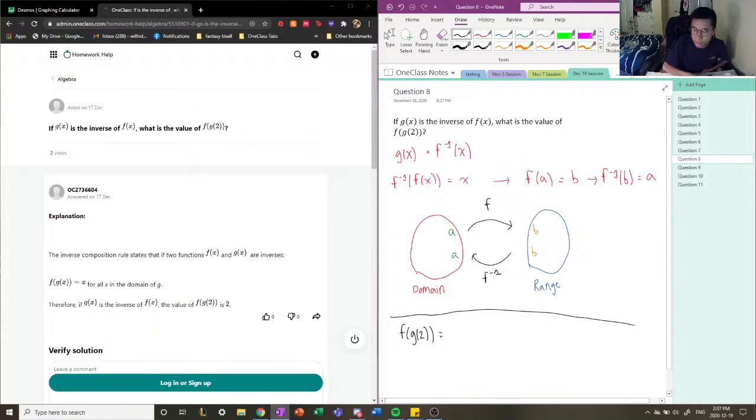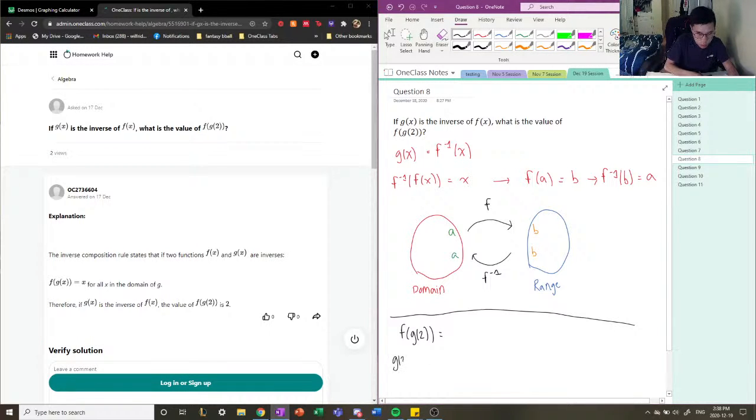We don't really need to know what the g function or f function is, because we can use this law to help us find our answer. So g of 2 brings 2 to something of value a. We don't know what this value is, and we don't really care.